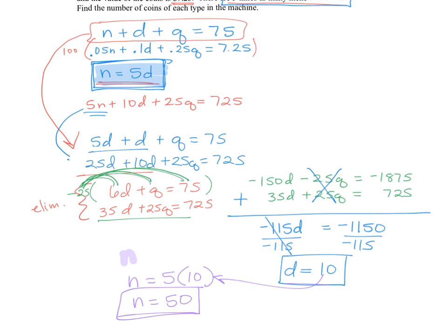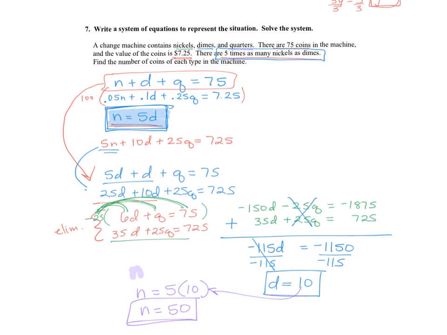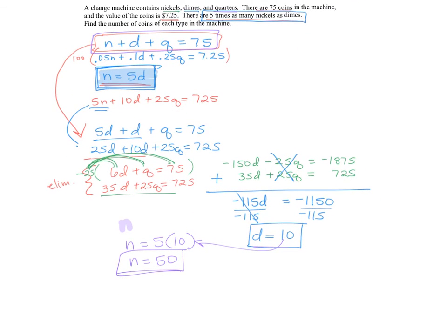The way we're going to find that is we're going to plug back in. I would plug it into that first one. So n, which is 50, plus d, which is 10, plus q, which we don't know, is 75. So we're going to take 60 away to make that zero out. And you get q equals 15.